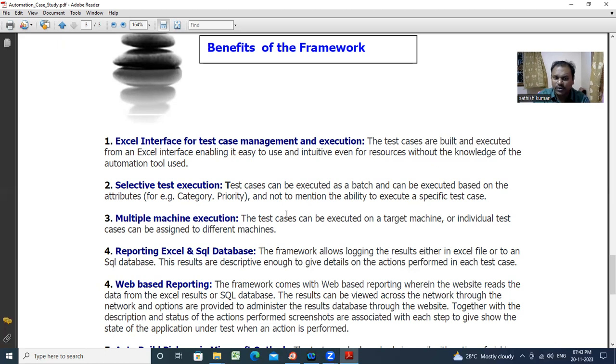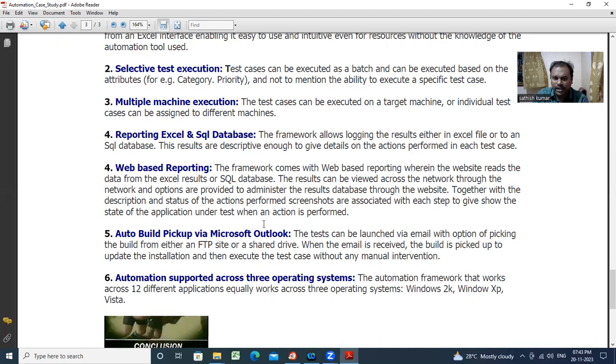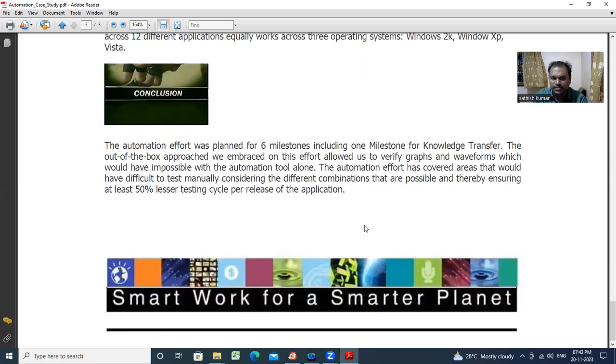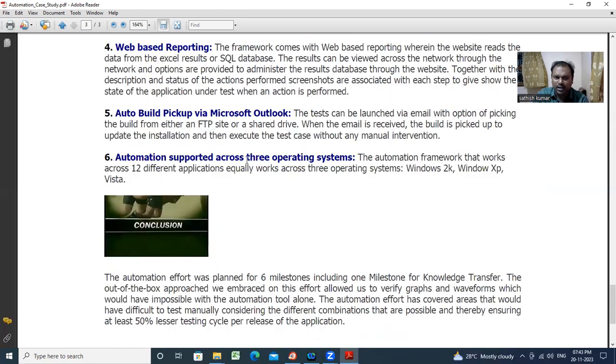Next is selected test executions, then multiple executions and reporting in Excel and SQL database, and web-based reporting, then auto build pickup via Microsoft Outlook, and automation supported across 3 operating systems. So these are the 6 phases of automation.